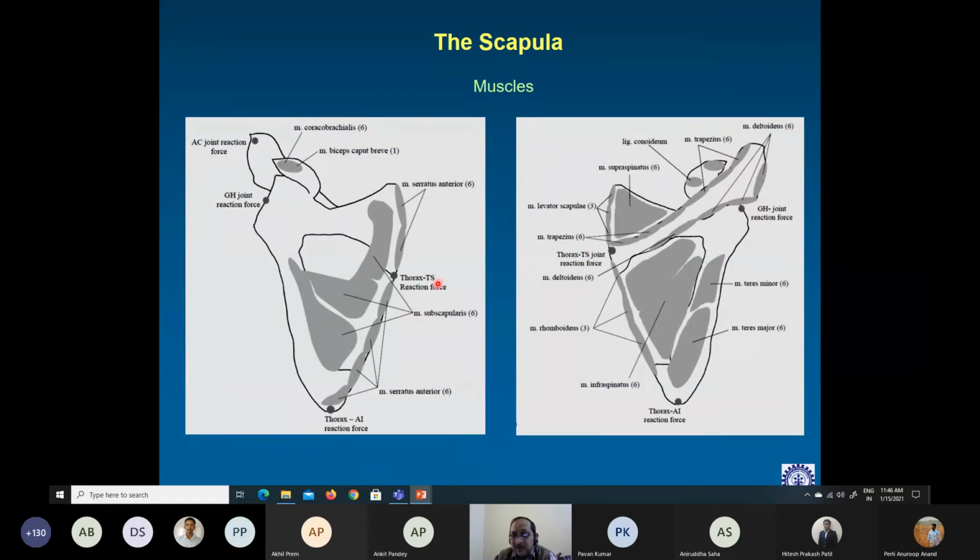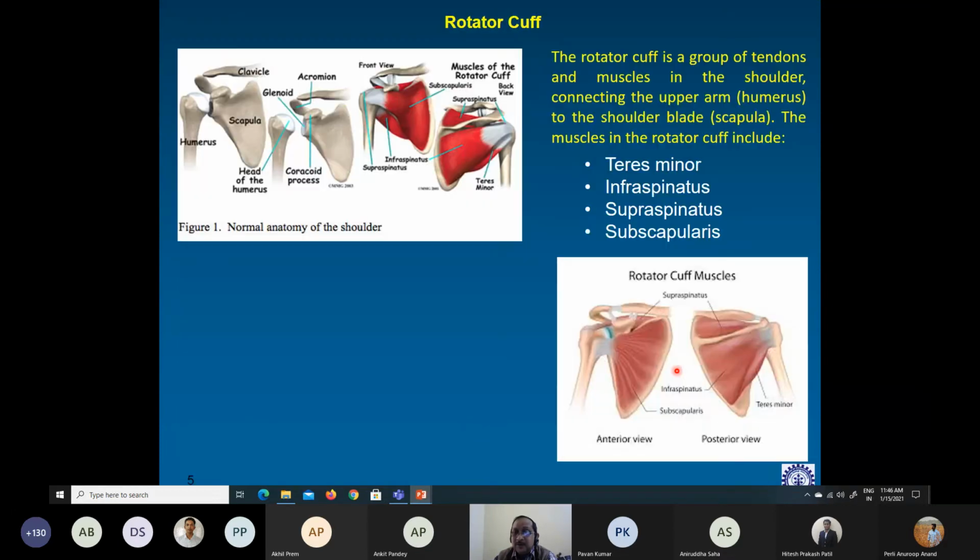Thorax trigonum spinae represented by TS, thorax angulus inferior, that is represented by AI. Okay, so these are the 2 points on which it's better to look from the posterior side because the scapula is pressed on the thoracic cage. So the connection between the thorax and the scapula is through these 2 points, ideally represented.